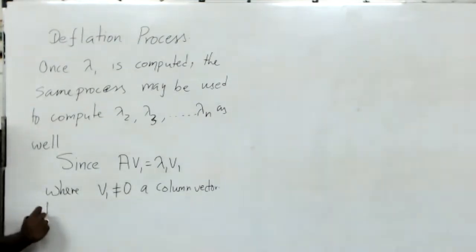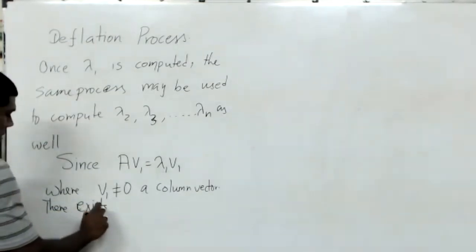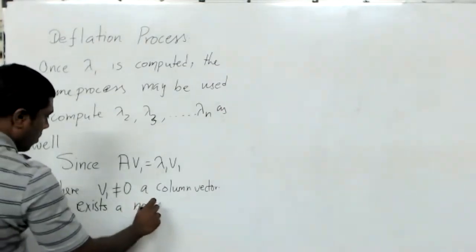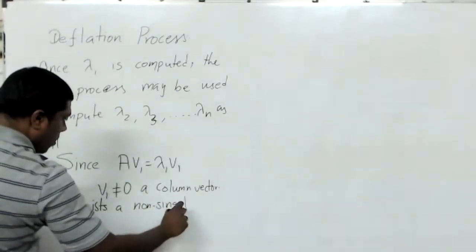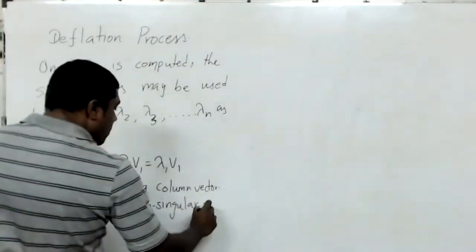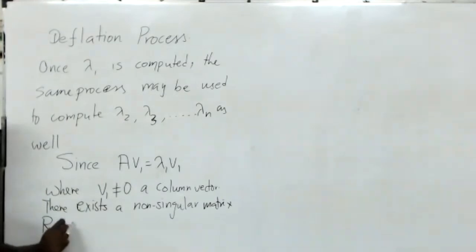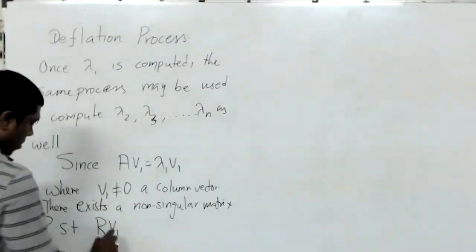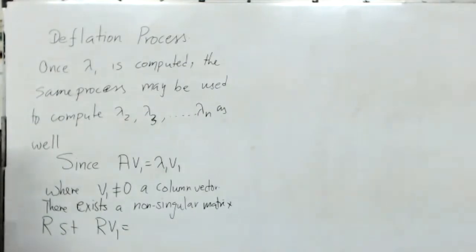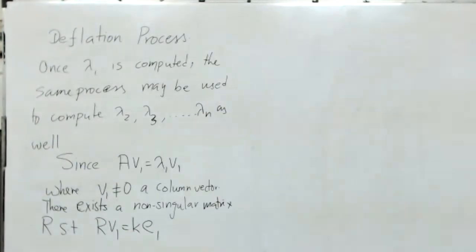So then there exists a non-singular matrix. We see similar results especially in the elementary Hermitian matrix theory.